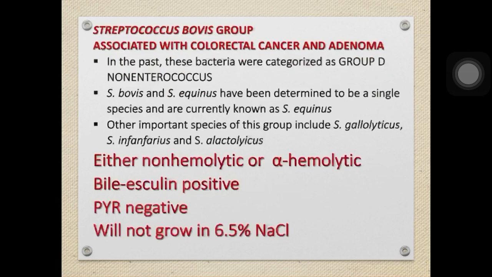Streptococcus bovis, they are associated with colorectal cancer and adenoma. Nung araw po, ang tawag po natin dito, group D non-enterococcus. Sino po yung mga representative nito? S. bovis, S. equinus, S. gallolyticus.